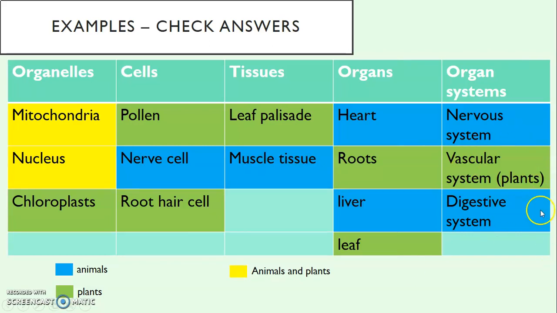And then organ systems, nervous system and digestive system, that is going to be for your animals. Vascular system in plants, so that's their transport, the xylem, the phloem, it's how they move nutrients around. But humans do also have a vascular system, that's why we've put the 'in plants' in brackets. So check your answers, make sure you've got all of that down.